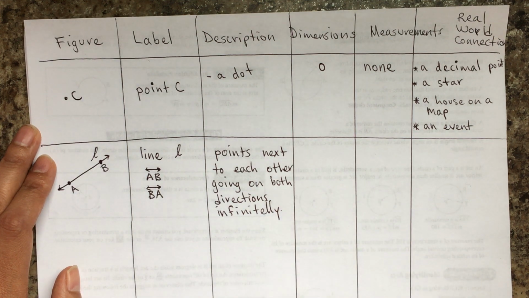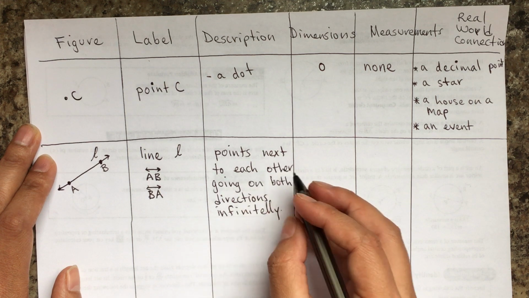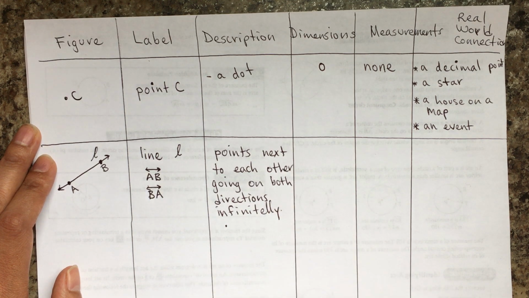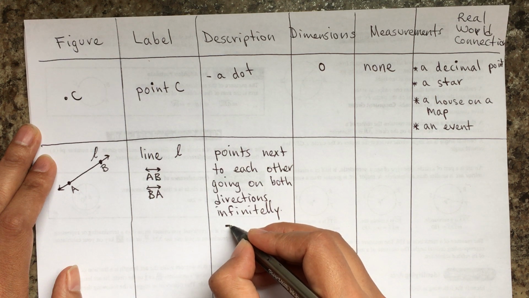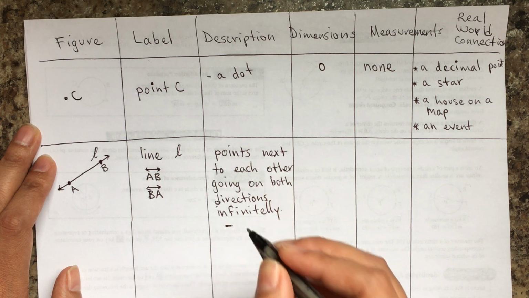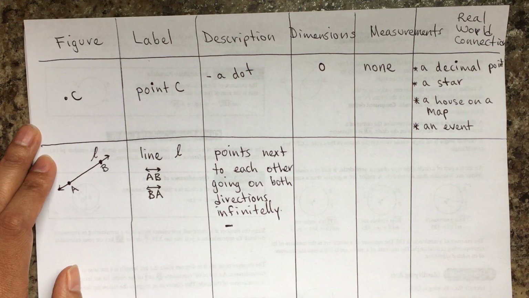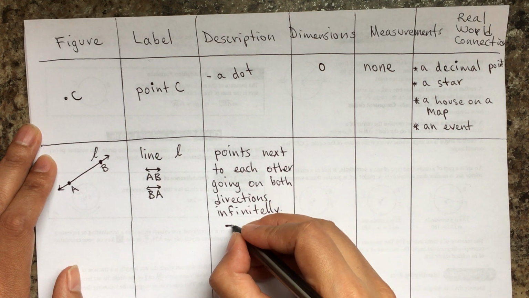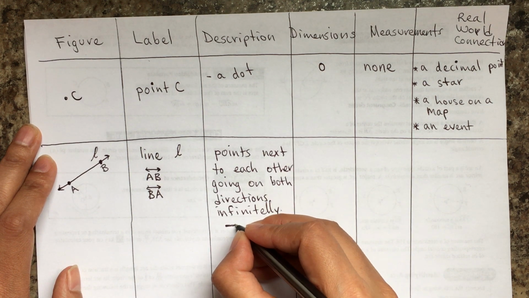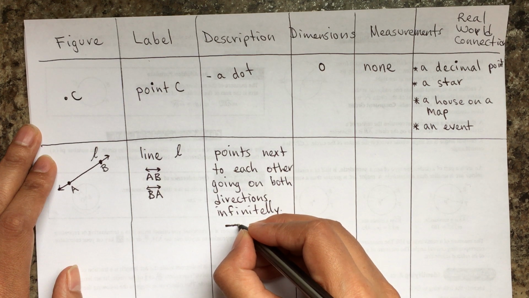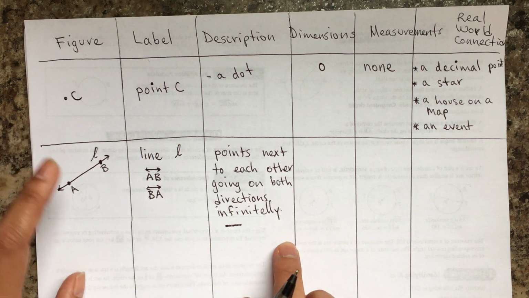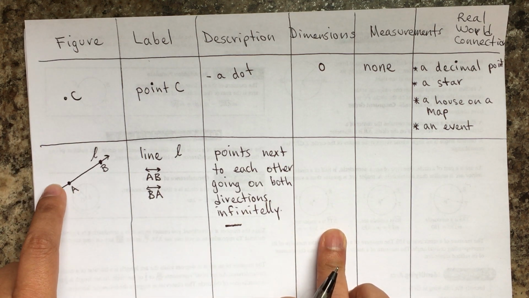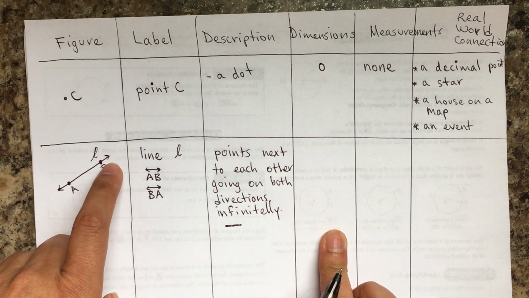Okay, and that description sounds weird. Why points? Well, if you think about it, if I put a point right there, and then another point right there, and then another point right there, and another point, what's happening? Well, they form the line, and you would just be extending the points in both directions, right? That's why they have the arrows, because they go infinitely.